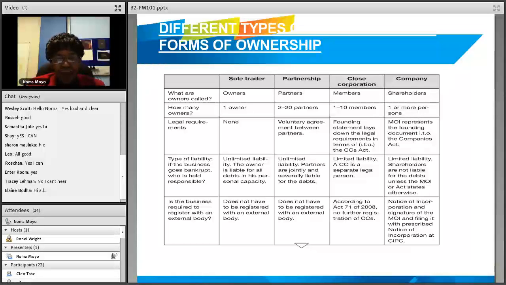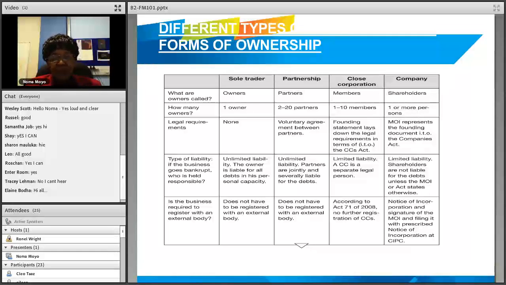The liability is limited. It is a separate person. What do we mean? We are saying when they owe, you can only take what is in relation to the business, but not everything. So according to Act 71 of 2008, no further registration of CCs is required. Companies, the owners are the shareholders, one or more people, they have to have a memorandum of incorporation that represents the founding statement.